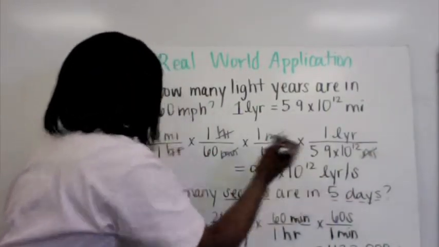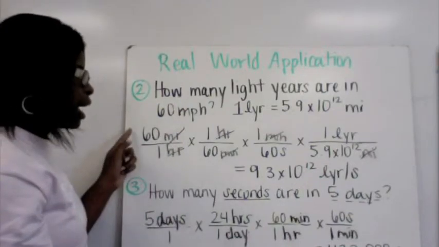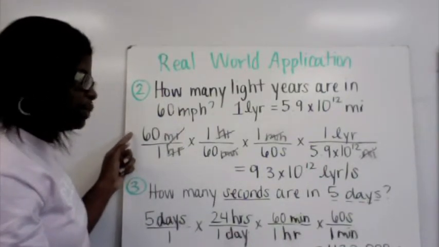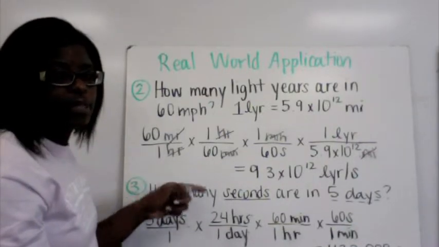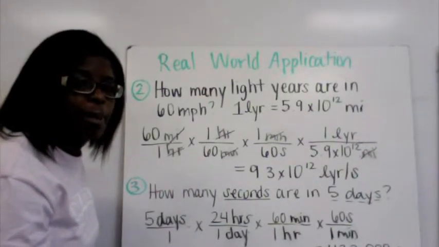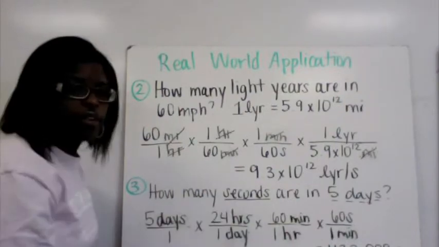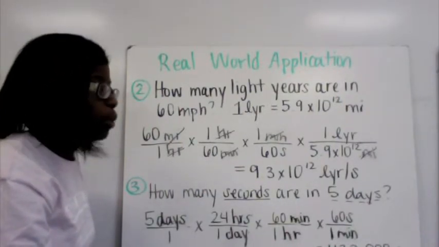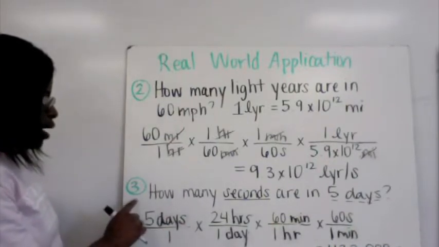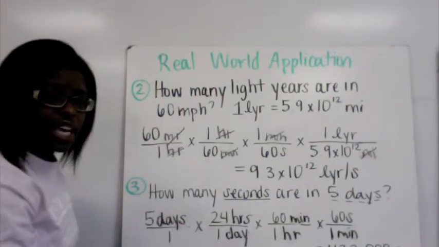So miles is finally going to cancel here. So we multiply across for our numerator, which would just be 60. And then multiply across for our denominator, which is 60 times 5.9 times 10 to the 12th power. So that's going to give us an answer of 9.3 times 10 to the negative 12th light years per 1 second.